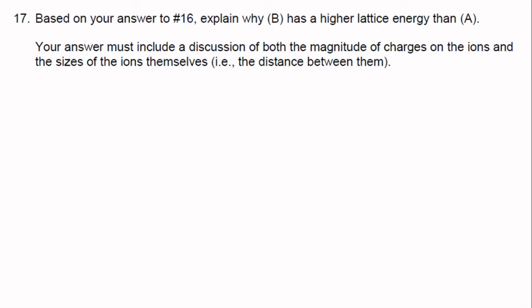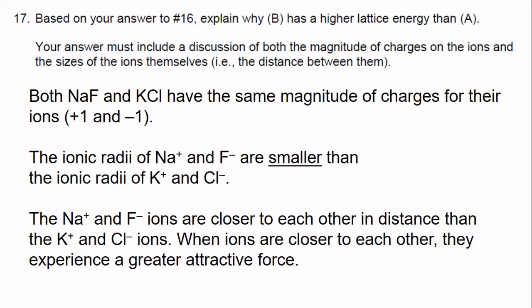So in number 17, why is B higher than A? We are comparing sodium fluoride and potassium chloride. It's not about the magnitude of the charges, it is about the sizes of the ions. Now the answer must include a discussion of both. So my first statement is that both sodium fluoride and potassium chloride have the same magnitude of charges for their ions, because they're both +1 and -1.